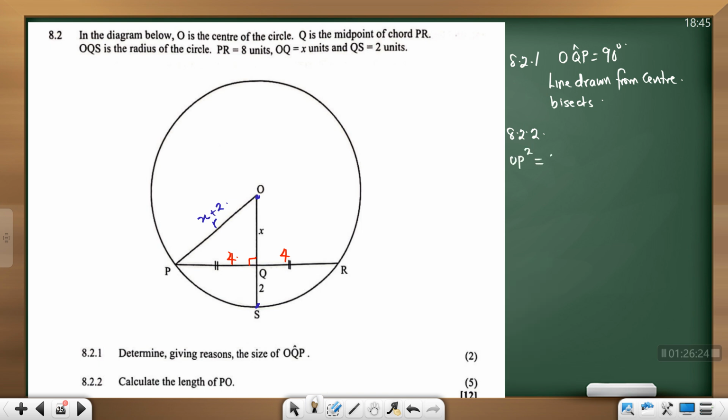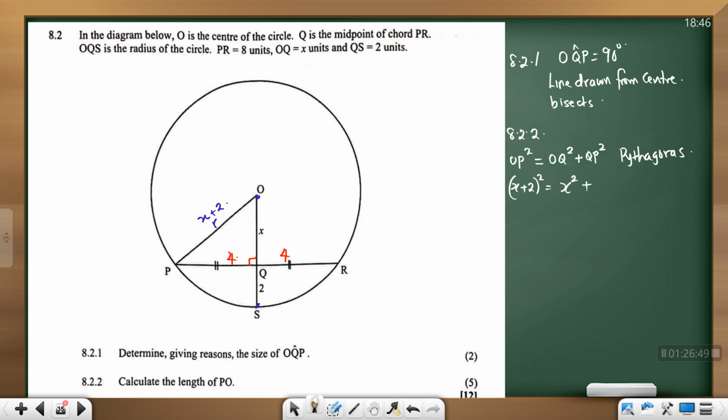OP squared equals what? OQ squared plus what? And what's the reason? Theorem of Pythagoras. Once you see a diagram like this, just know because of that 90 degrees. What is OP? X plus 2 squared. What is OQ?